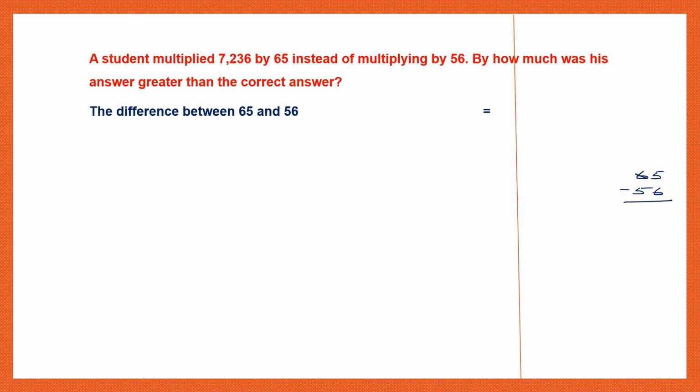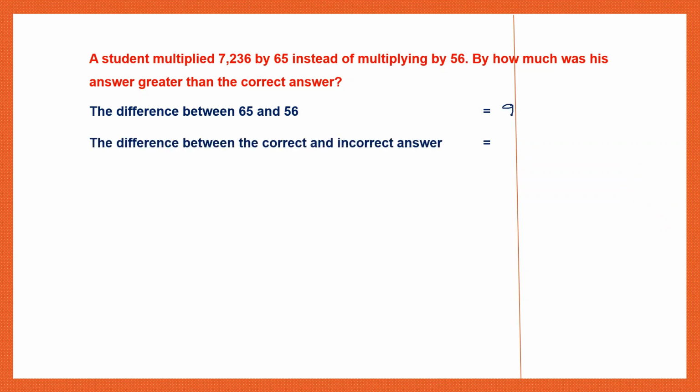That is, we borrow here, 15 minus 6 is 9. So here we've got the difference as 9. Then the difference between the correct and the incorrect answer will be, take the main number 7,236 and multiply it by this difference 9.